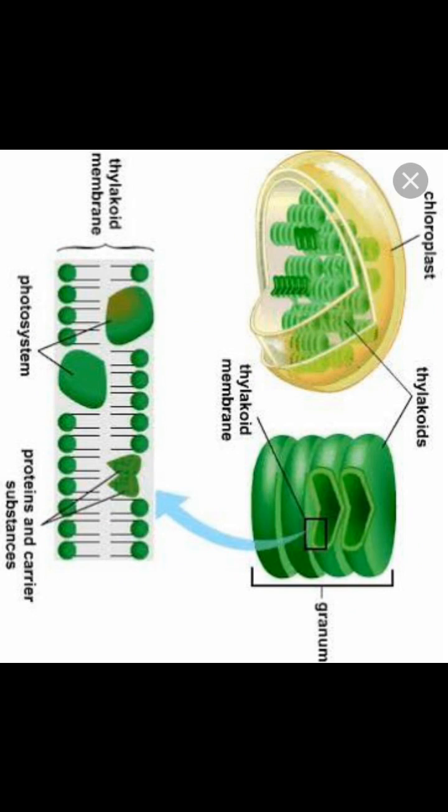The inner chloroplast membrane is relatively less permeable, and a space is present between the two membranes. The space inside the inner membrane of the chloroplast is called the stroma. You can see the stroma on the screen. The space present in the chloroplast below the inner chloroplast membrane is called the stroma.